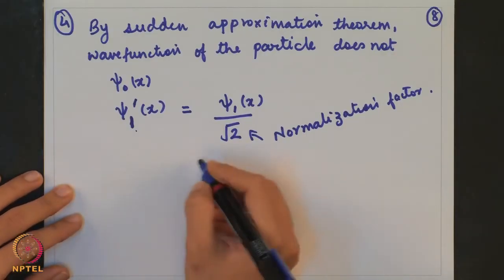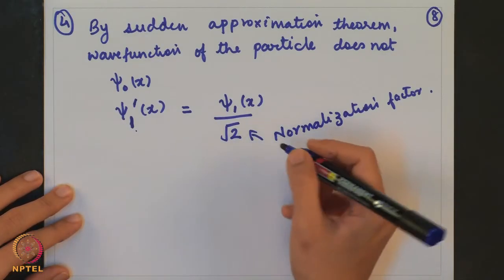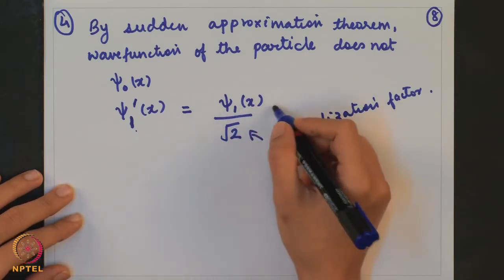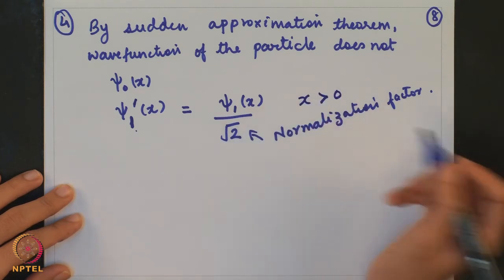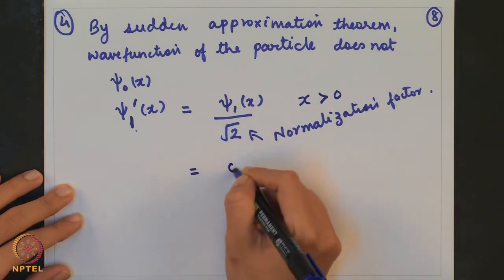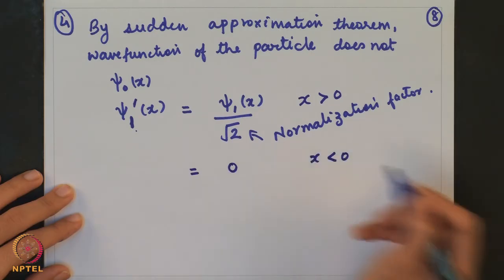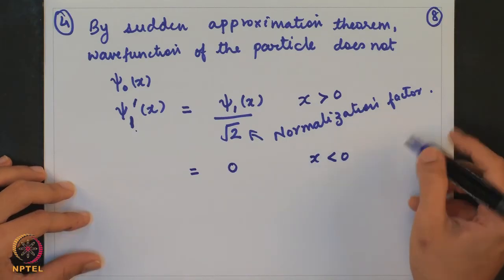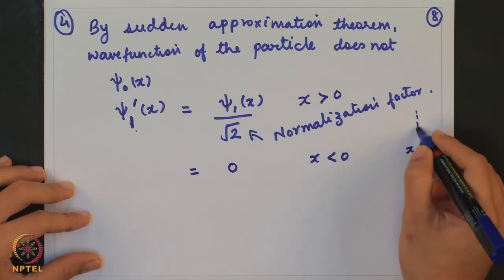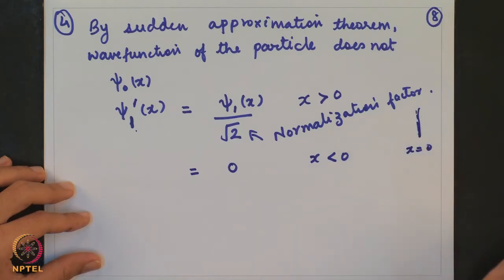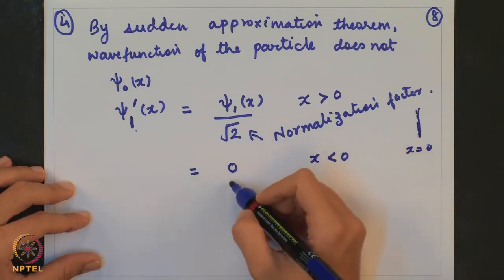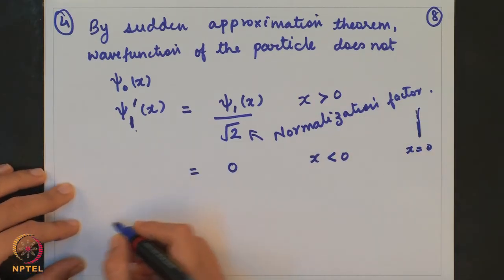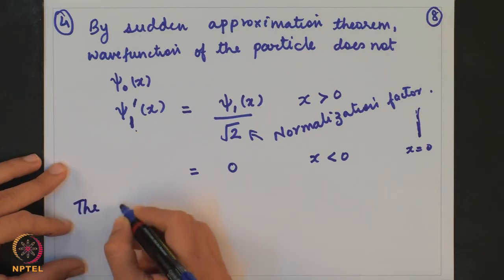One more thing that we must note is that this wave function is true for x greater than 0, and our wave function is 0 for x less than 0, because the infinite potential is suddenly created at x is equal to 0. So, for x less than 0, the wave function would go to 0.